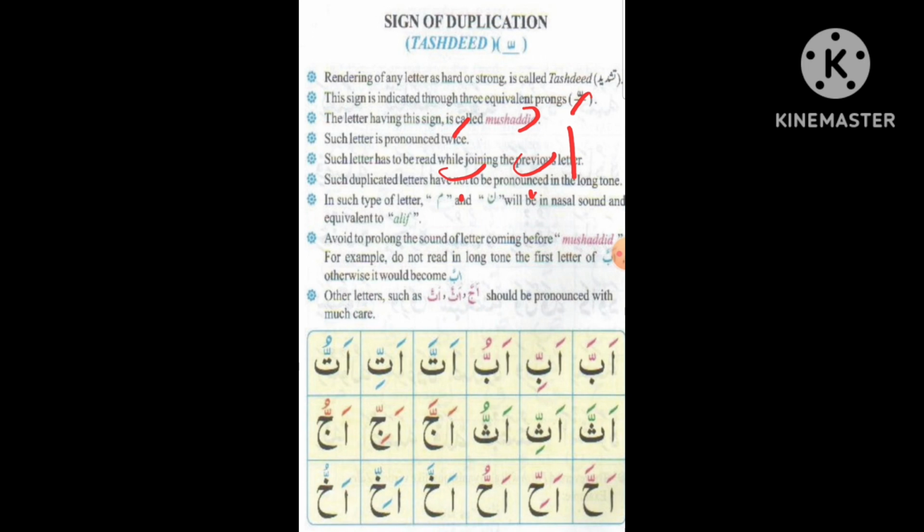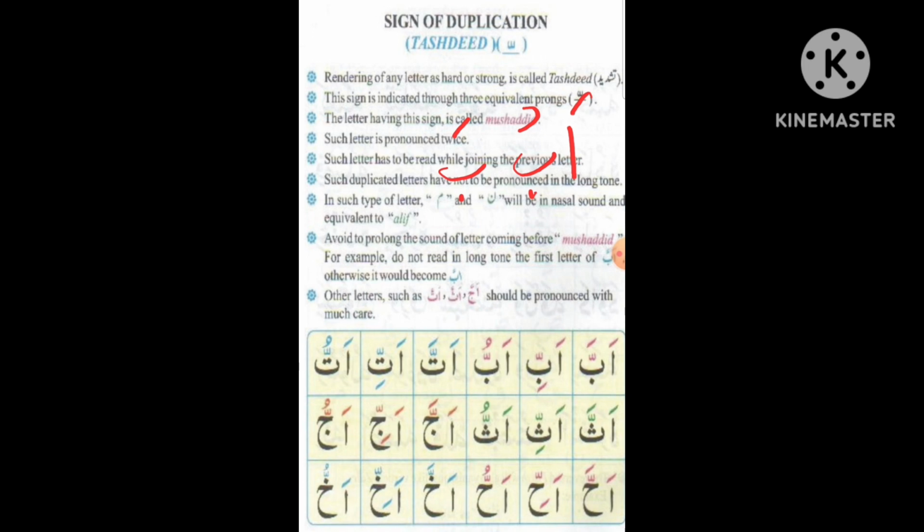One is a quiescent letter which is joined with the predecessor, dependent on the predecessor, because in the Jazm lesson we learned that the quiescent letter is dependent on the predecessor. So we will join the Ba with the Alif and then the Ba itself. Alif Ba Zabar Ab, Ba Zabar Ba, Abba.